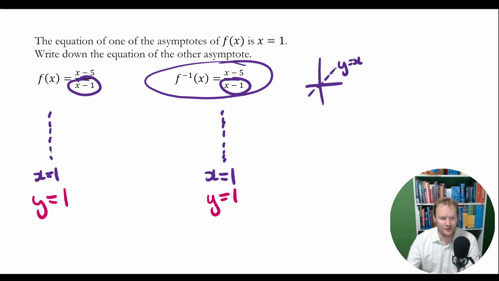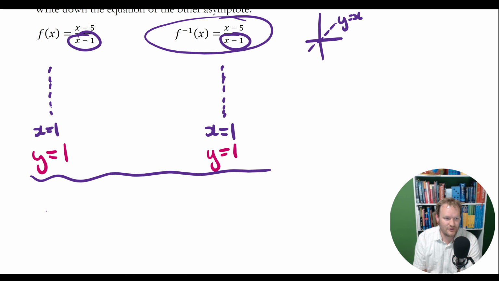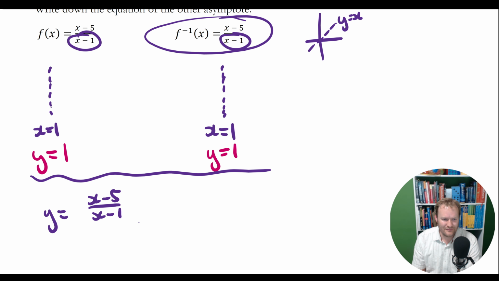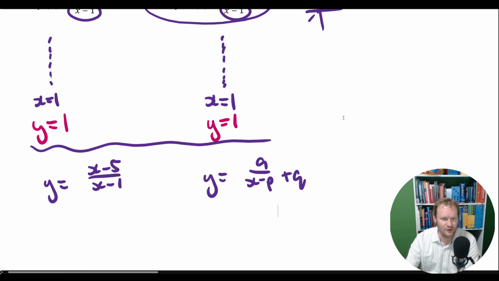Interesting, right? Now, you could play with this algebraically, and sometimes this is worthwhile, so I'm going to go through it here as well. You know that y equals x minus 5 over x minus 1. Now it would be nice to put that in the form y equals a over x minus p plus q, because then we can read off our asymptotes and it's in a form that we're possibly more familiar with.